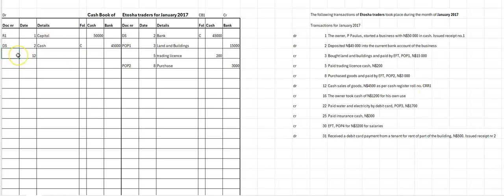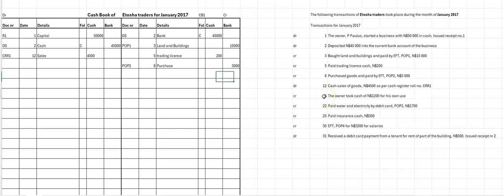So we're going to write our document number, which is CRR1. On the 12th, we have what? We have sales. How much did we sell? We sold 4,500 cash.